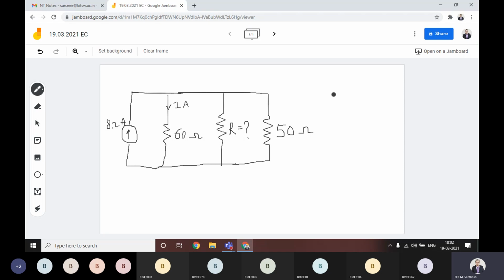Options are 5 ohm, 10 ohm, 15 ohm, 20 ohm.